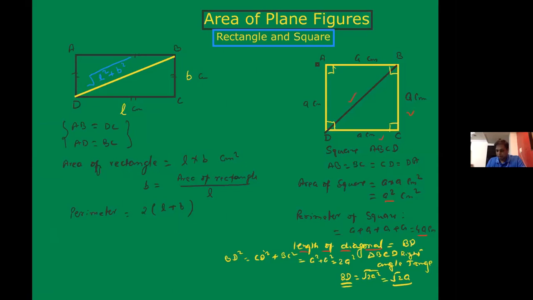So BD square equal to 2 a square. So BD equal to root 2 a. That means the diagonal of the square is equal to root 2 times the side of the square.